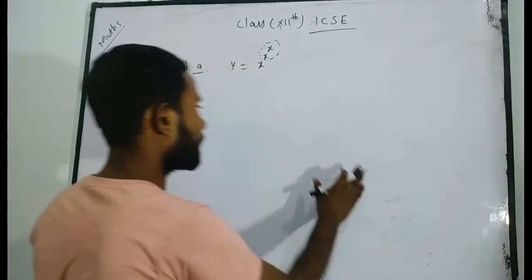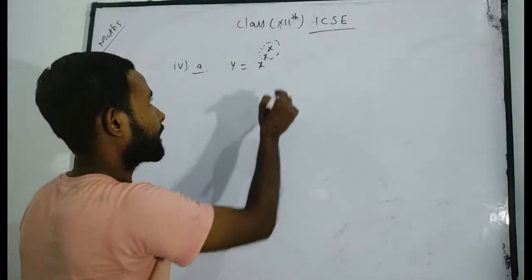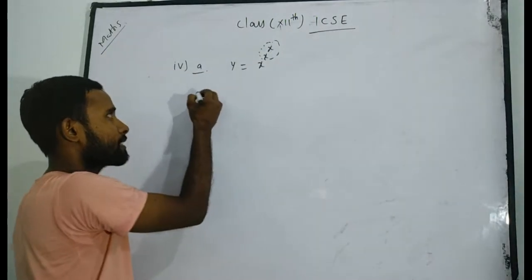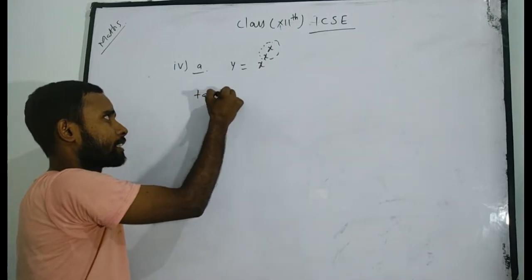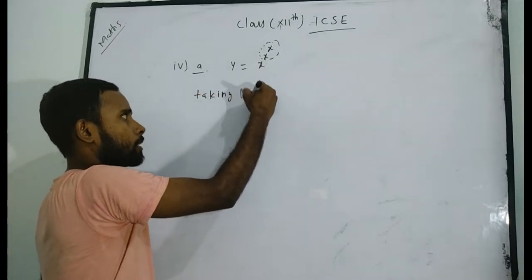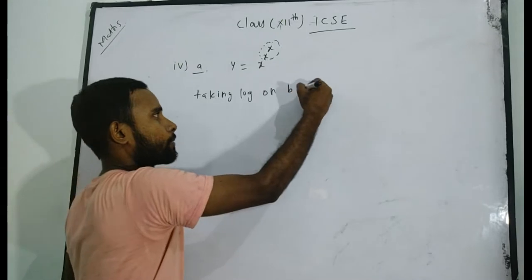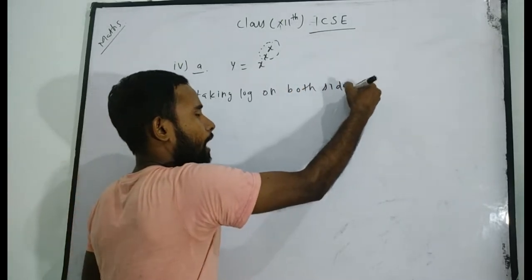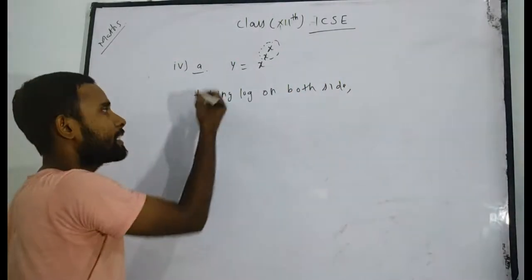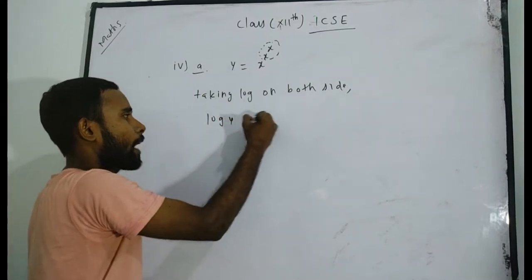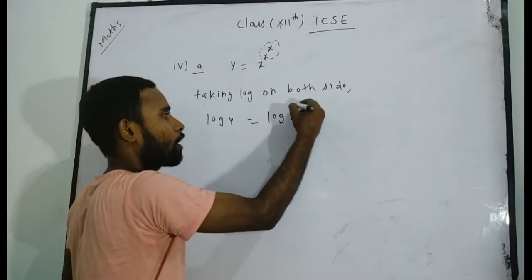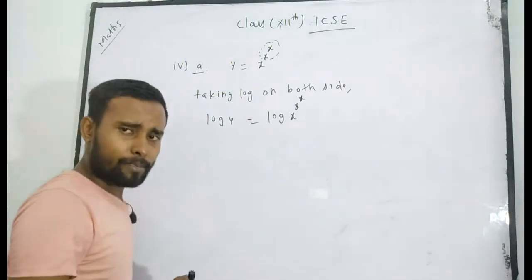If you understand this fact, then I want to take log on both sides first. Taking log on both sides, in LHS you will get log y, while in RHS you will get log of x to the power x to the power x.